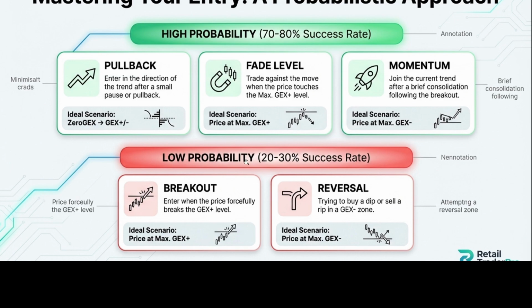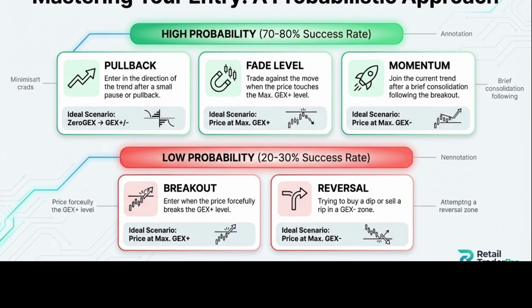What about the low probability, 20 to 30% success rates? Take this into account. Remember that the max Gex level is a wall. If price breaks out of this level, there is a high probability that price comes back against the max Gex level, because at this level market makers have to cover their position and they are in long gamma.